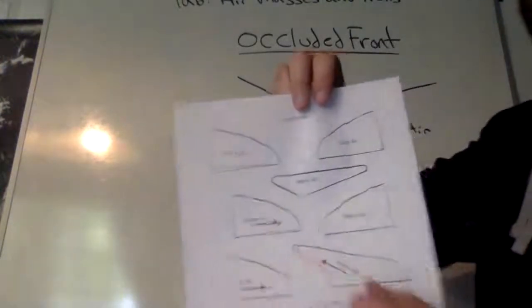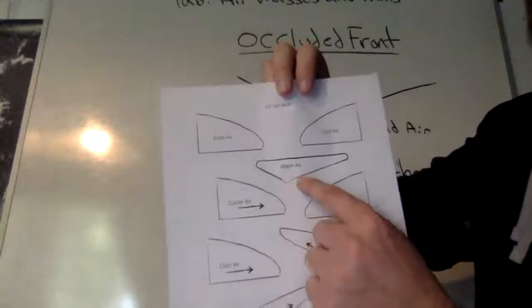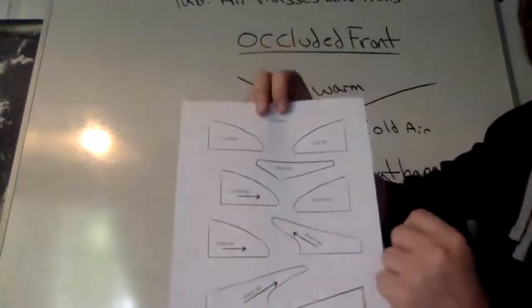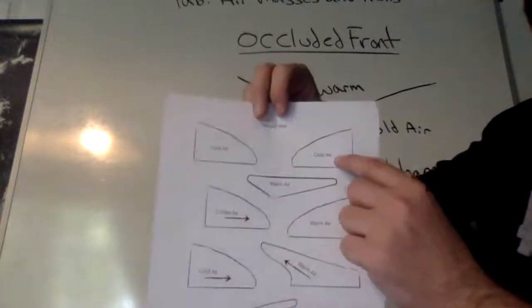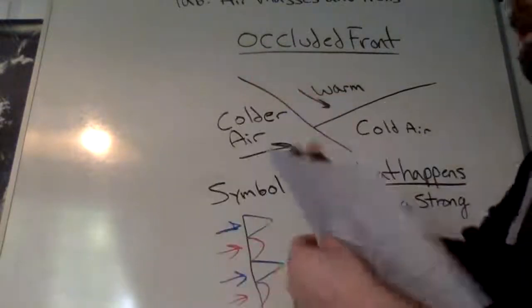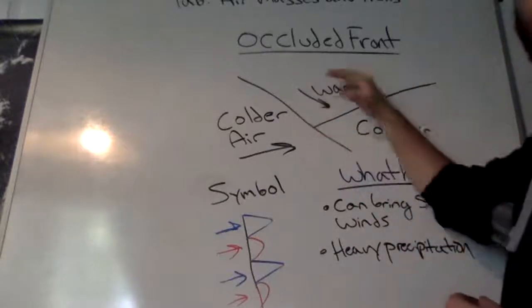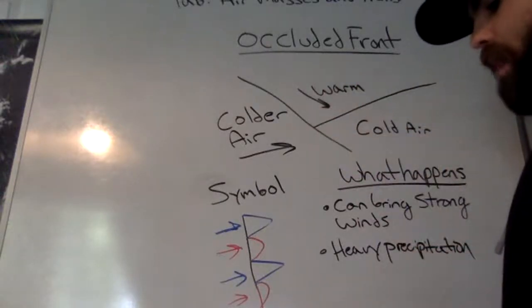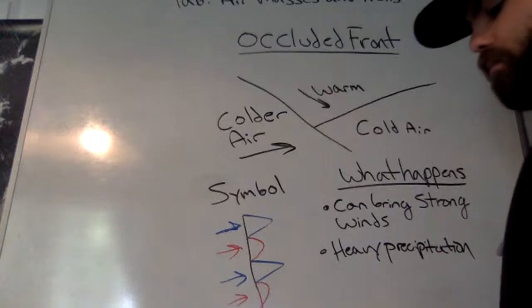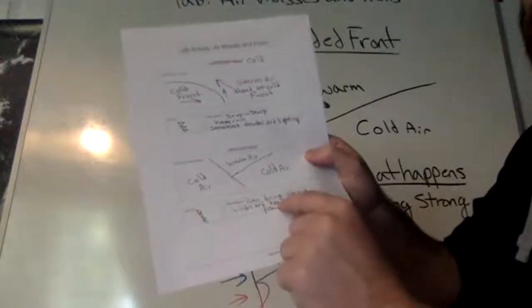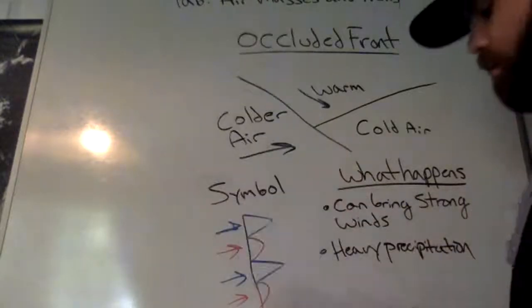You'll notice that this is the warmer air up top, you have your colder air coming in, and then you have your cold air just hanging out. If you're able to cut them out and fit them together, you would get a pattern that looks like this. And then also in the diagrams on yours, you just put your symbol and what happens.